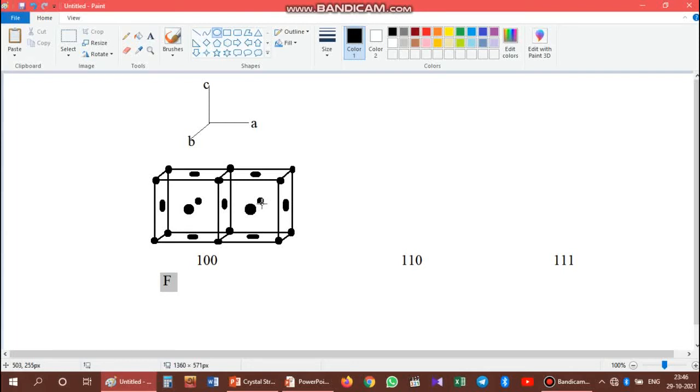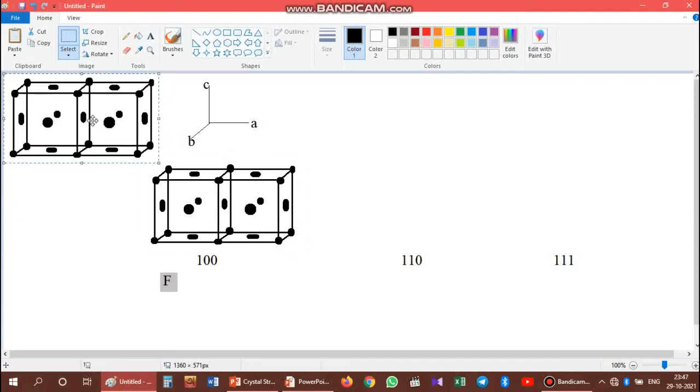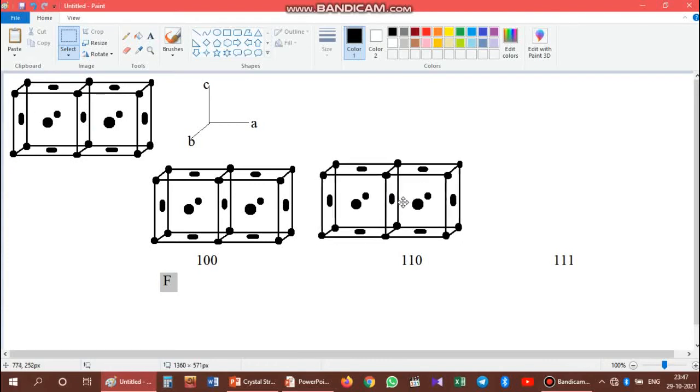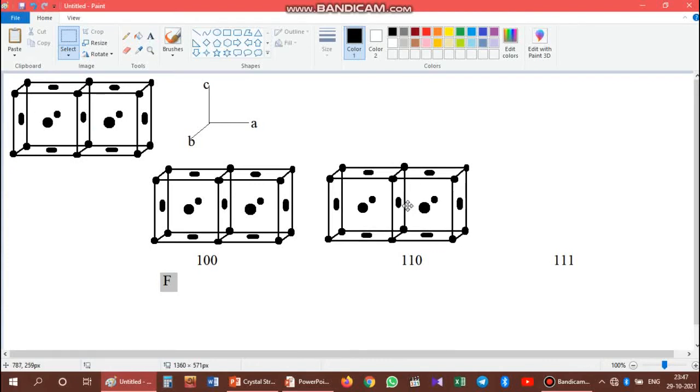Okay, so the lattice points are drawn, and right now I have to copy and paste this picture. But when you draw it by hand, you do not have the provision to copy paste. In that case, you have to do it manually, isn't it?